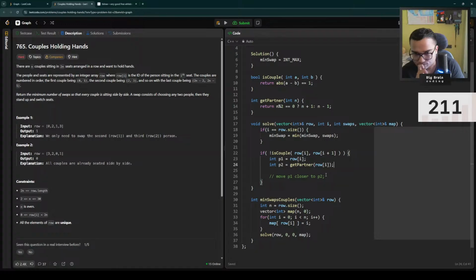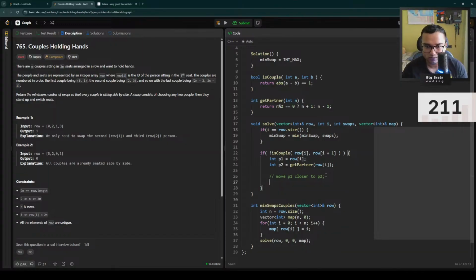Right. Move p1 closer to p2. Now what happens here? Int j equals position of p2, right?